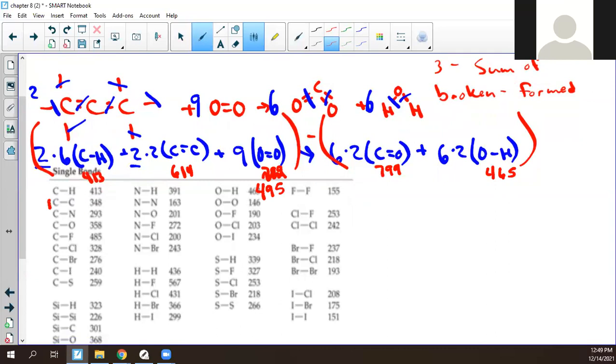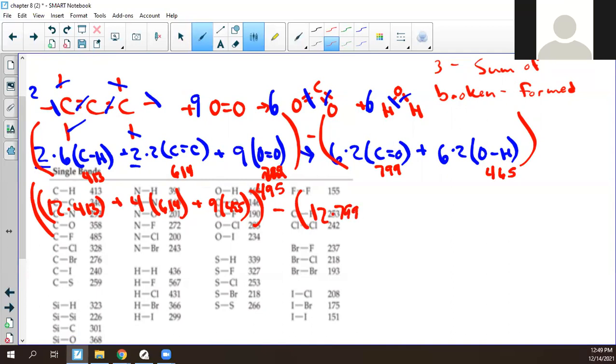So we have 12 times 413, plus 4 times 614, plus 9 times 495, minus 12 times 799, plus 12 times 465.